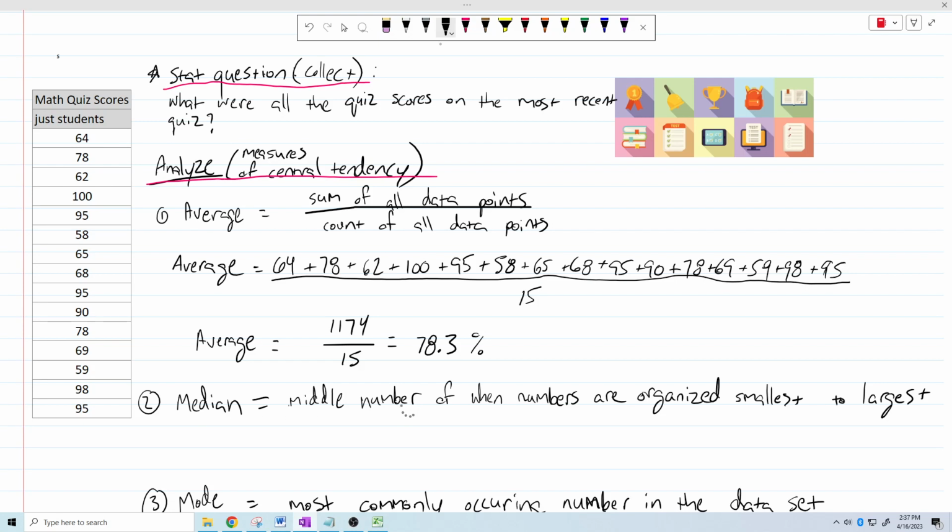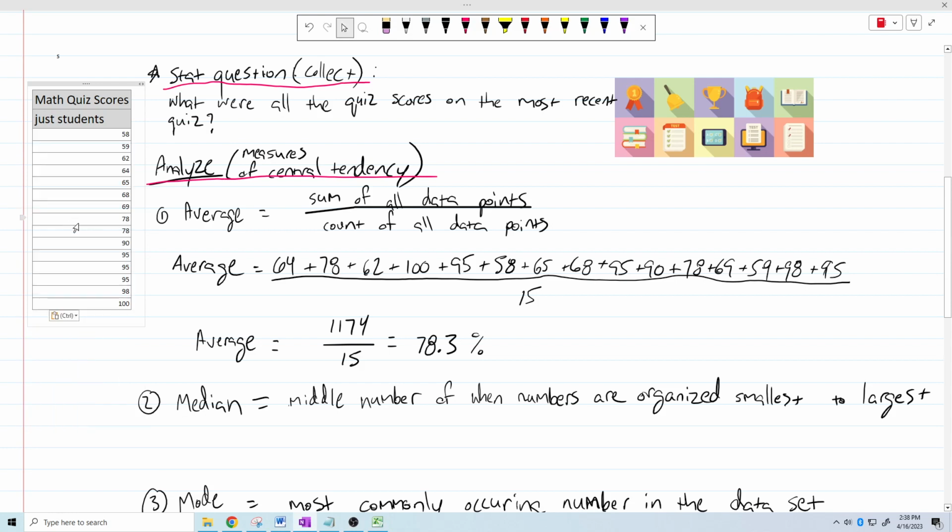Now, median. Median is basically you take all the numbers. You're not always going to have them organized. Here, they're not organized: 64, 78, 100, 50s. They're not in any order, but you have to understand the median is all about finding the middle number of your set of data after you organize it.